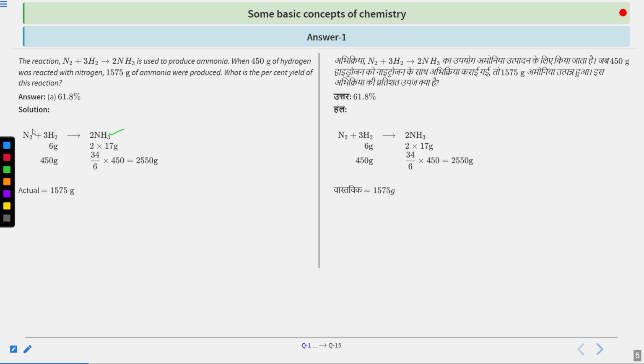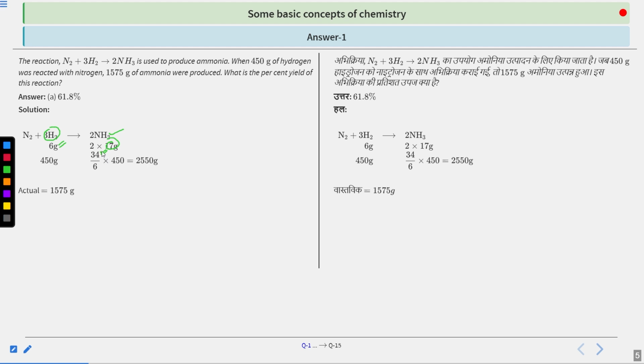So we are taking 1 mole of nitrogen and 3 moles of hydrogen to produce 2 moles of ammonia. Now 1 mole of hydrogen will be 2 grams, so 3 moles of hydrogen will be 6 grams. Similarly, 1 mole of ammonia will be 17 grams. Therefore, 2 moles of ammonia will be 2 multiplied by 17, that is 34 grams.